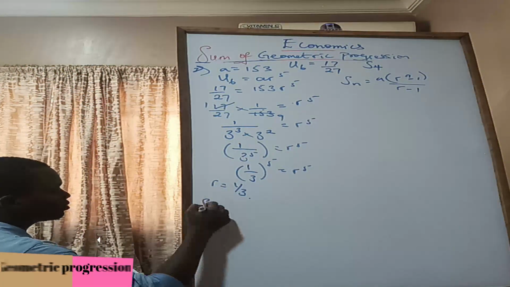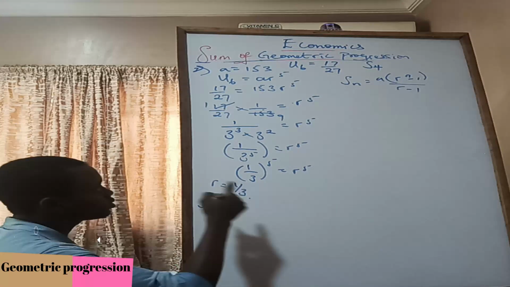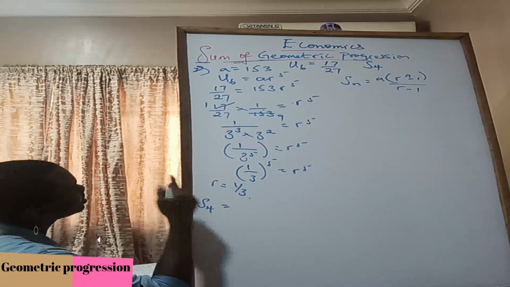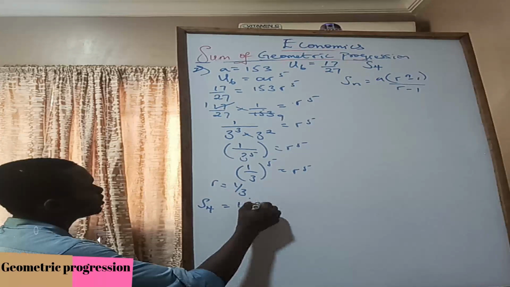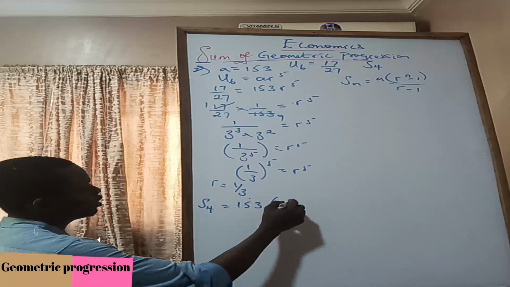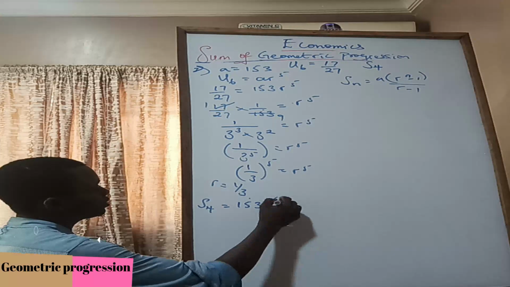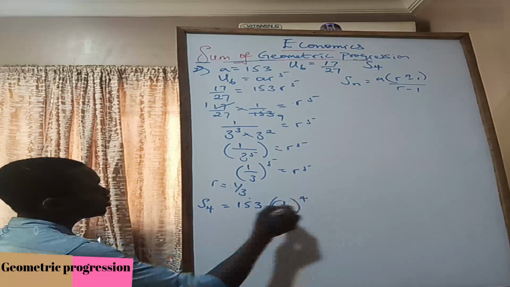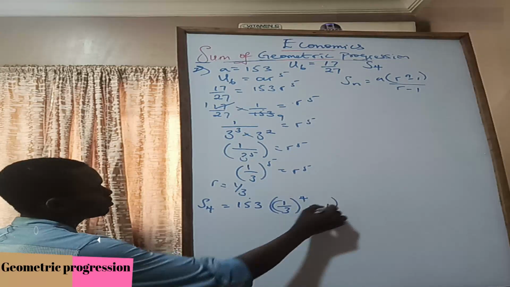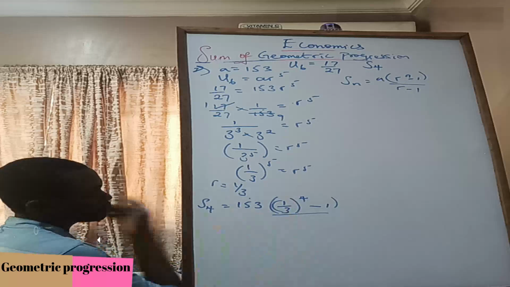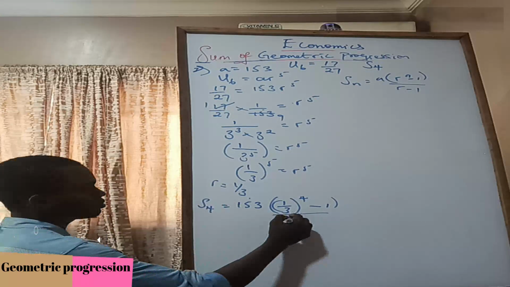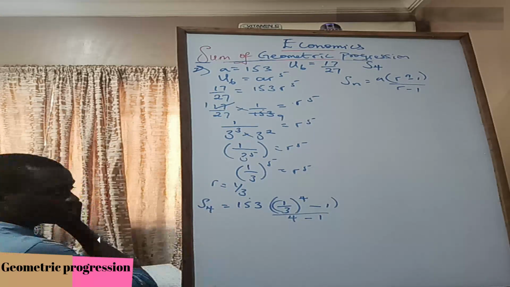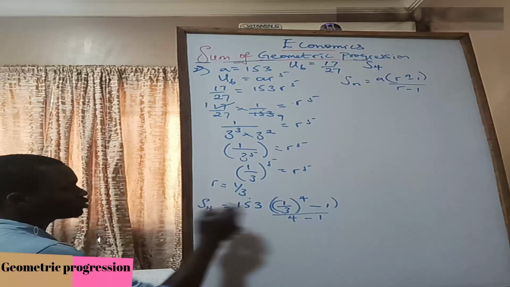So now S4 is going to be equal to a is 153 into brackets 1 over 3 raised power 4 minus 1, divided by 4 minus 1. Is it 4 minus 1? Yeah, 4 minus 1.